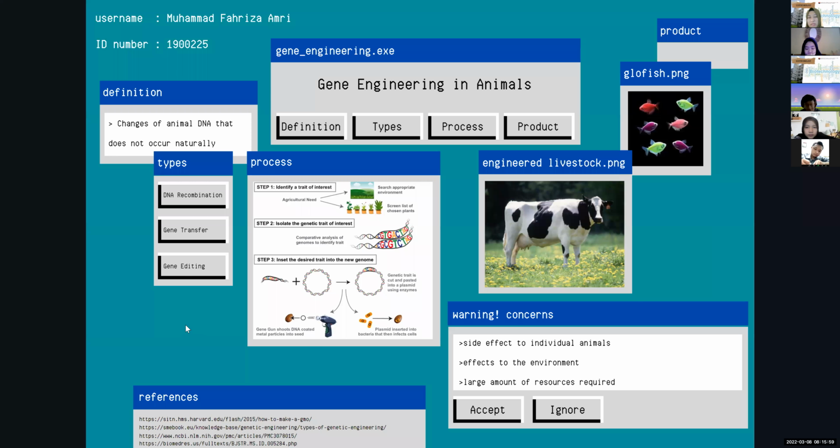So my question is, is it the same or different from DNA recombination here in Fahriza's presentation? Or is there any relationship between DNA recombination and genetic engineering in animals? So as Miss Lilith asked in terms of the types. How about Fahriza? Do you need time? No, actually, I would like to answer now.